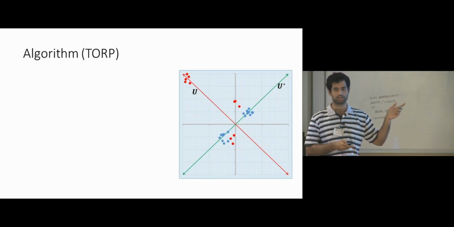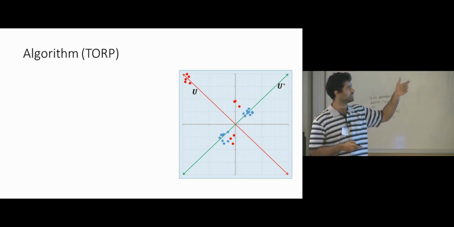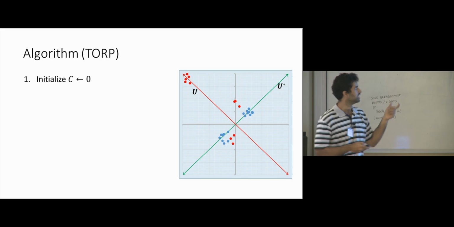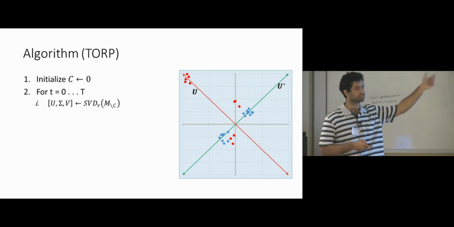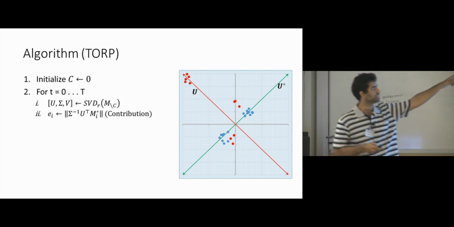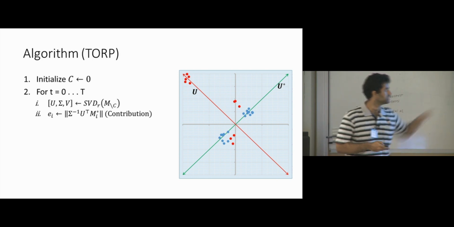And now we can describe our algorithm TORP. At every stage, we maintain an estimate of points that we believe to be the outliers. In each iteration, we compute the SVD of the assumed inlier points. We compute the contribution of each point to each principal direction.